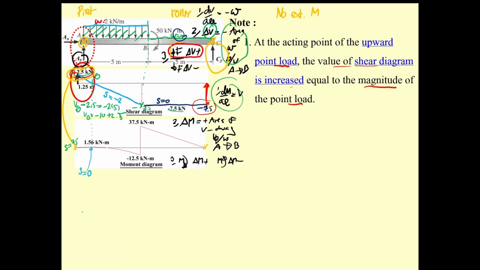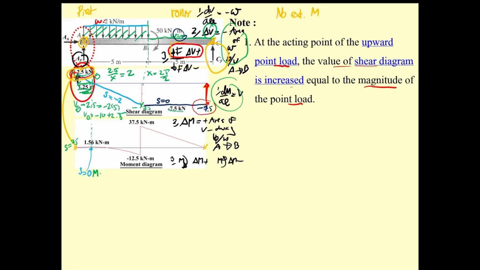And what would be this distance? What would be this distance? 2.5 divided by 2 equal to 1.25. So x equal to 2.5 divided by 2 is going to be 1.25. Then following this one, what will be the value of M over here?